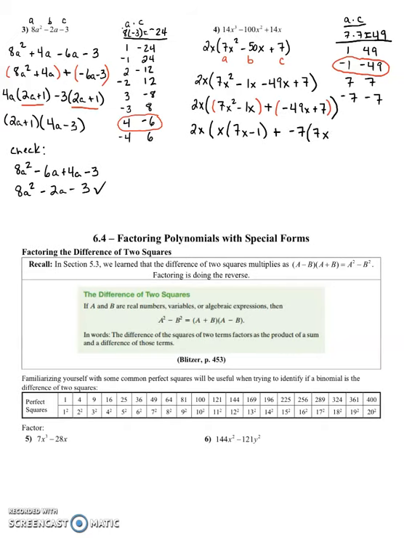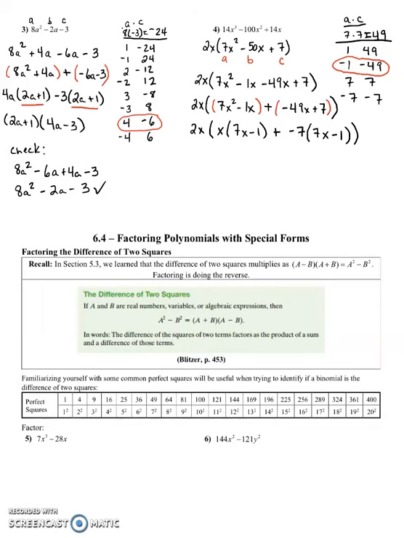So 7x minus 1. And if you need to check that you got the signs right, you can multiply back through. So the negative 7 times 7x gives us negative 49x, and the negative 7 times a negative 1 gives us a positive 7.